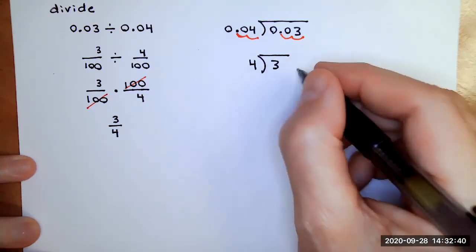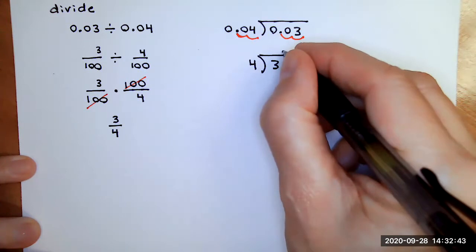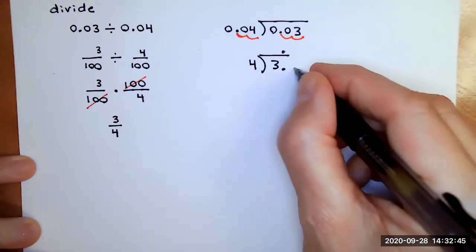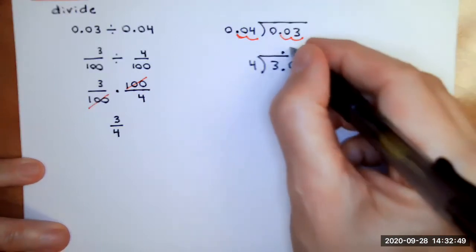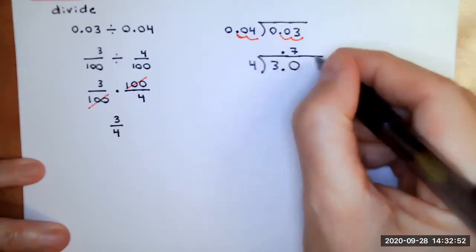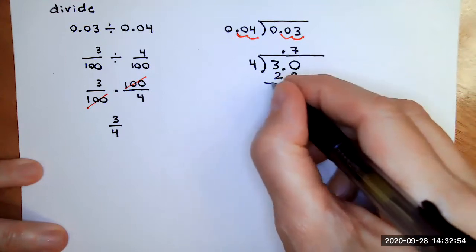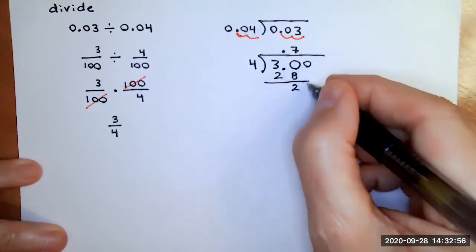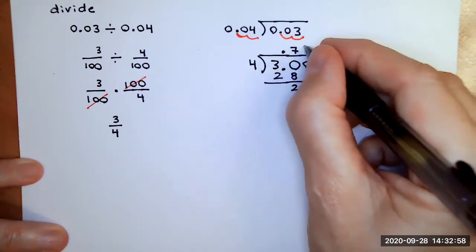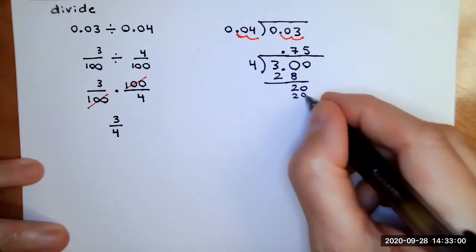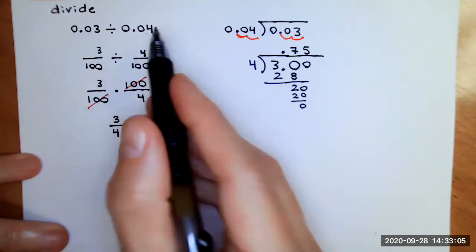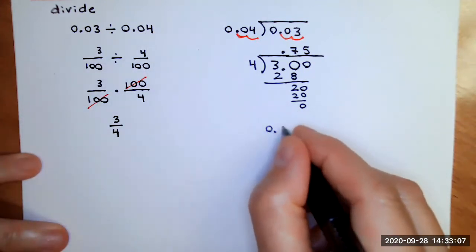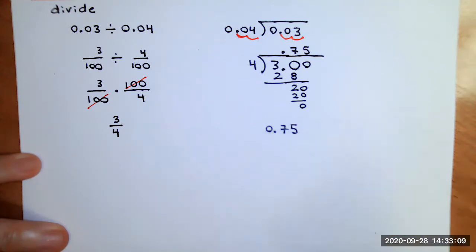Now 4 divided into 3, the dot's there. How many times does 4 go into 30? 7 times. How many times does 4 go into 20? 5 times. So 0.03 divided by 0.04 is 0.75. Let's do another one.